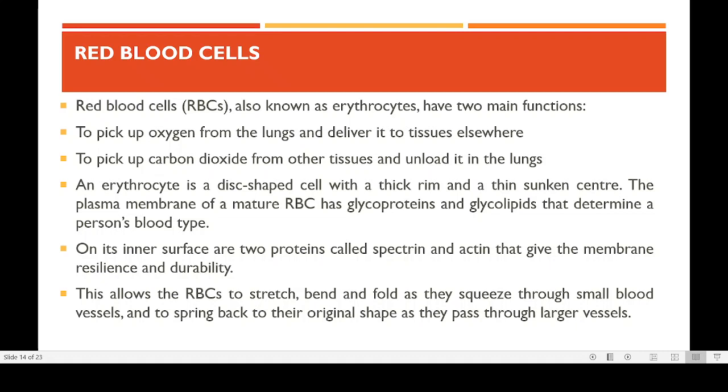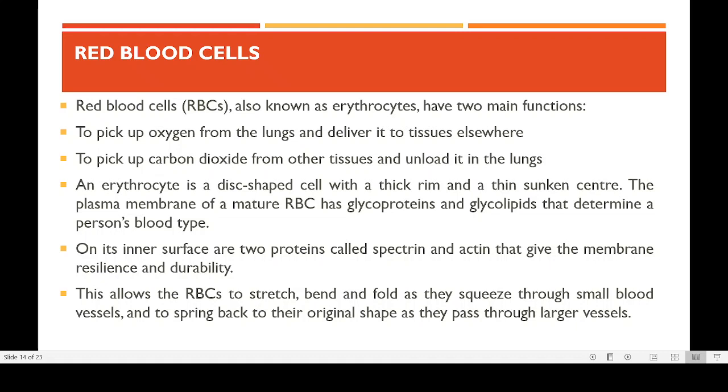Here you can see it's a disc-like cell with a thick rim and a sunken center. Sunken means a depression. And the plasma membrane of a mature RBC has glycoproteins and glycolipids that determine the blood type of a person. That is, on the surface of this RBC there are special types of proteins present.